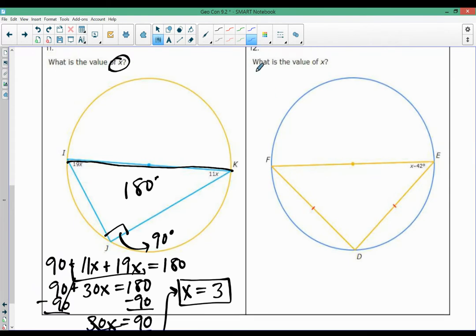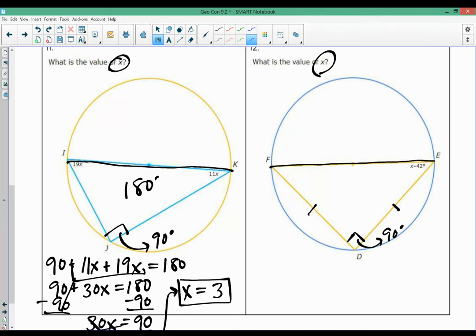All right, last one. What is the value of x? Again, we're stopping at x. FE is a diameter, so angle D is a right angle, which is 90 degrees. Then we have these little tick marks, which mean those sides are congruent.